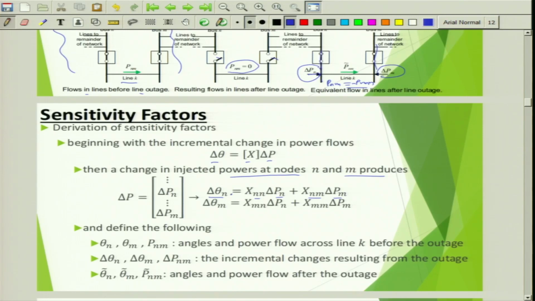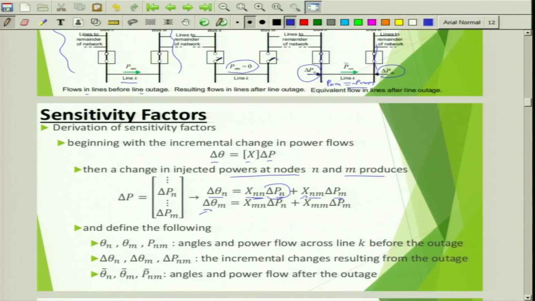That means the change in angle seen at bus number N depends on the change in power at bus number N and bus number M also. That dependency is given by the reactance xnn with respect to bus N, and xnm with respect to bus M.